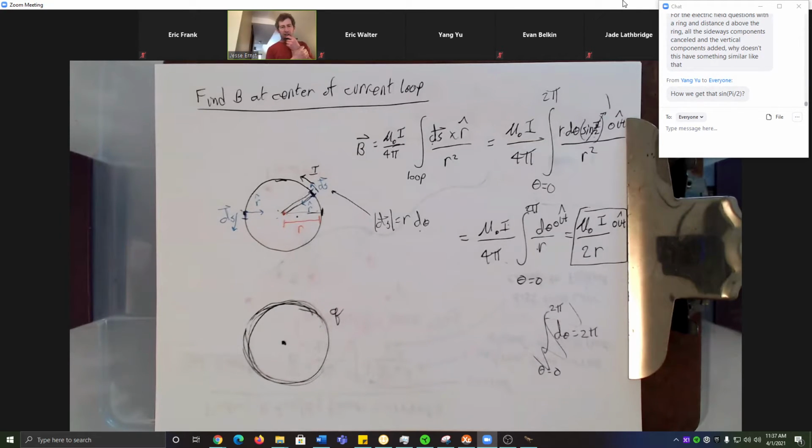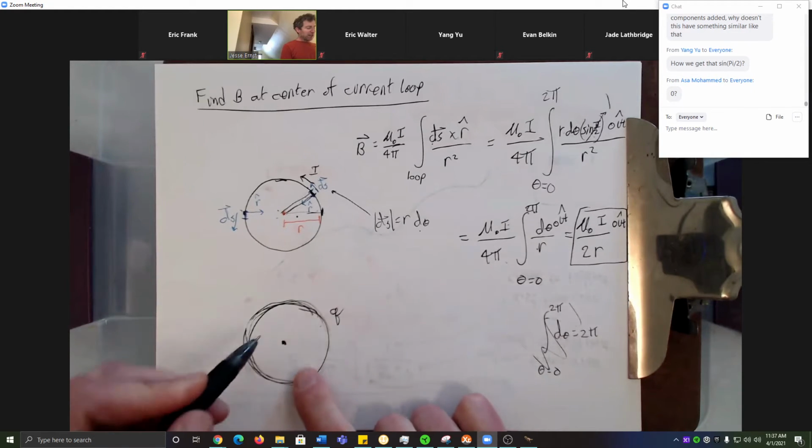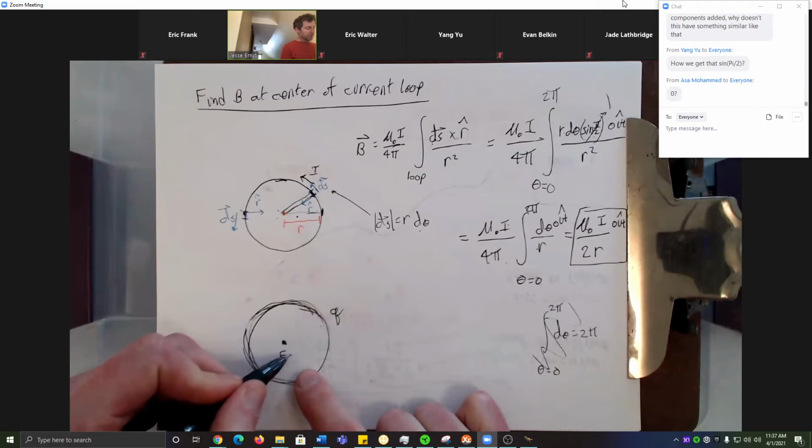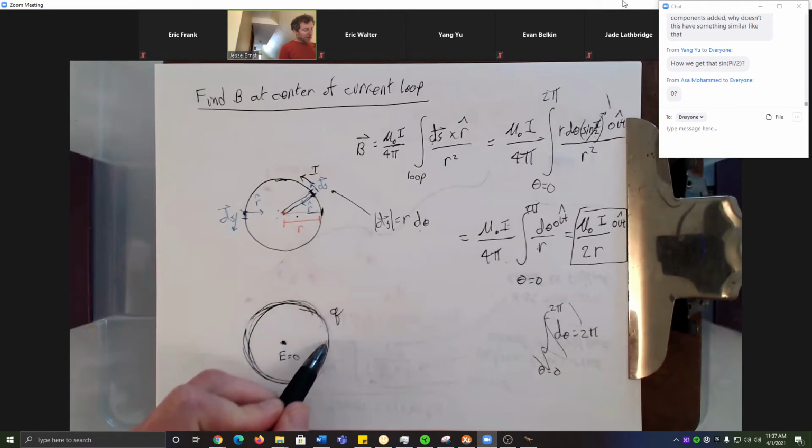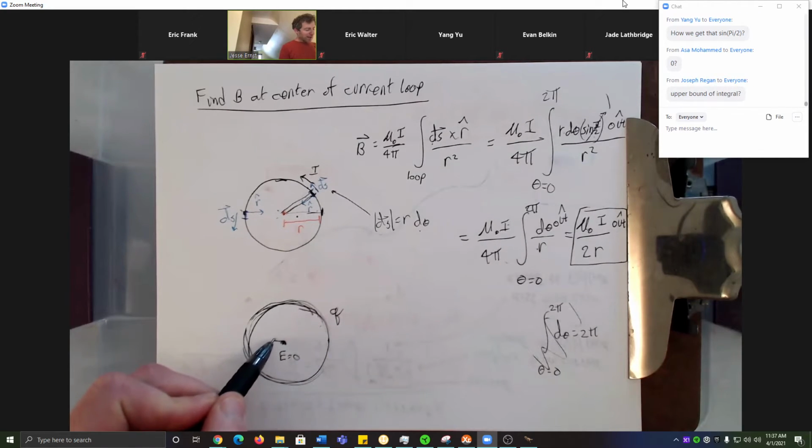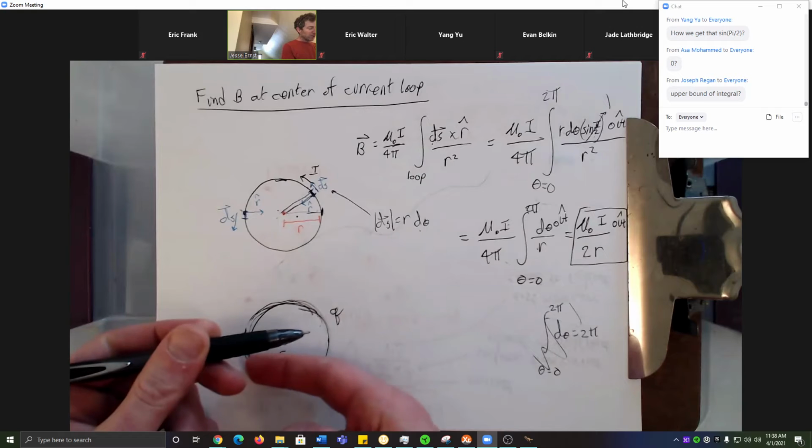Yeah, Yang, and then I'll do that in a second. Right, so the E field here would be 0. Because the E field here from this element points that way. The E field here from this element points that way. So these two cancel.